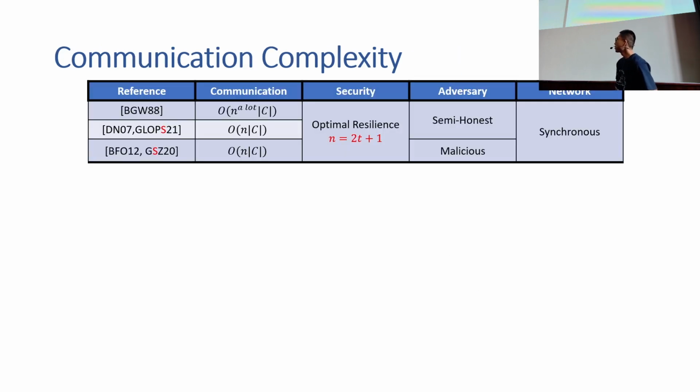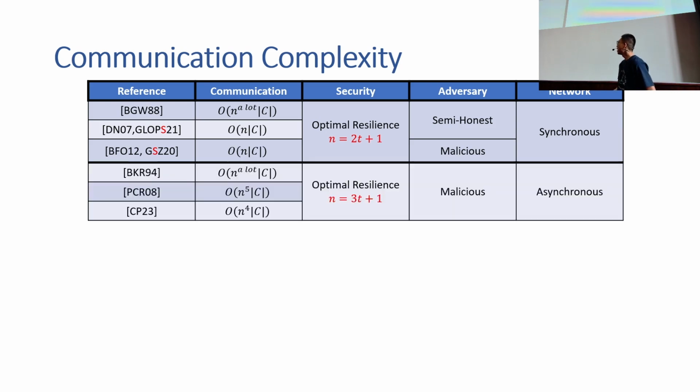In the synchronous setting, the early feasibility result is established by the well-known BGW protocol, and in 2007, Damgård and Nielsen proposed the first linear communication MPC against n/2 corruptions with semi-honest security. Later on, the work by Beerliová-Trubíniová, Fitzi, and Ostrovsky shows that you can also achieve malicious security with linear communication.